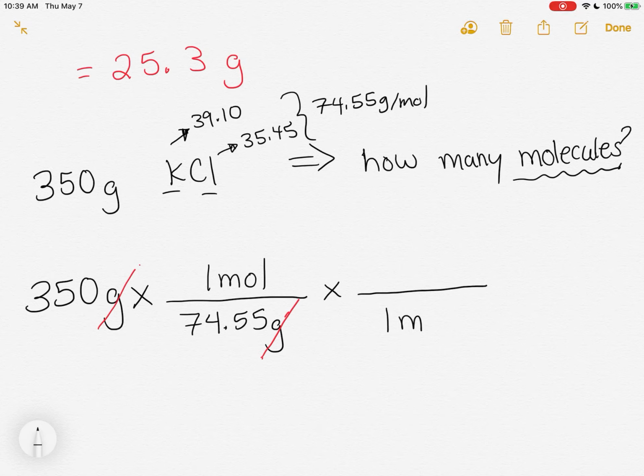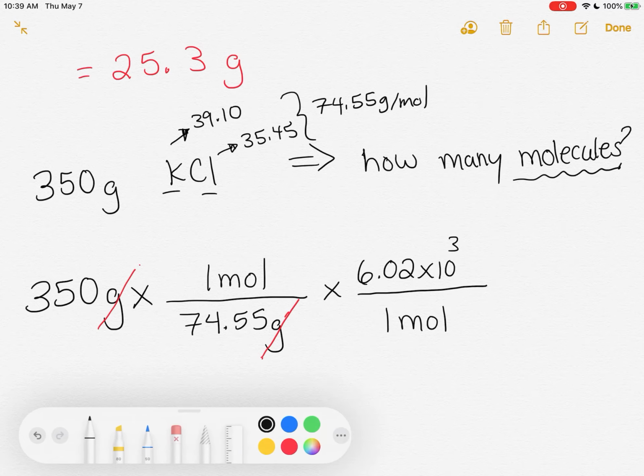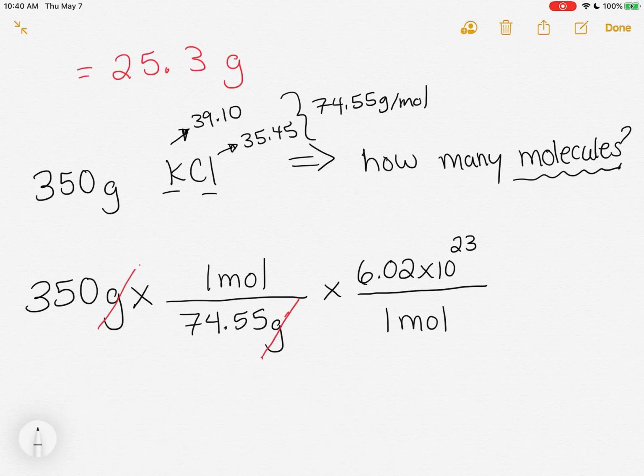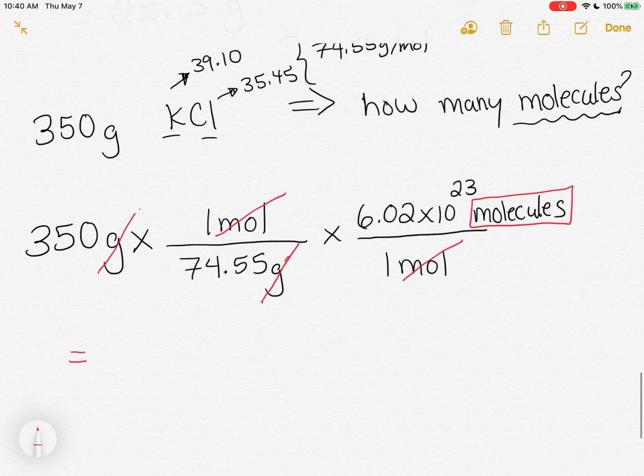So now I'm going to use my conversion factor with Avogadro's number. So I'm going to put my 1 mole on the bottom and Avogadro's number on the top. So 6.02 times 10 to the 23, not 32. It's the second time I've done that today. And this is going to be molecules because that's what we're counting. And so then my moles is going to cancel out, and my unit that I'll be left with will be molecules.